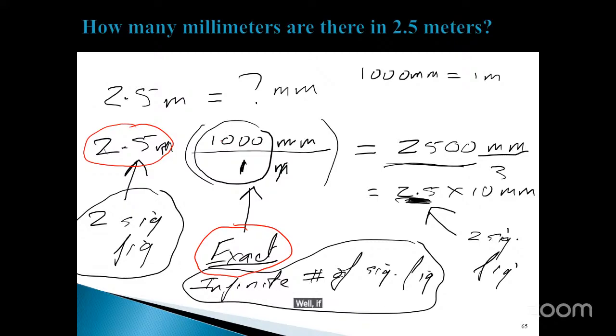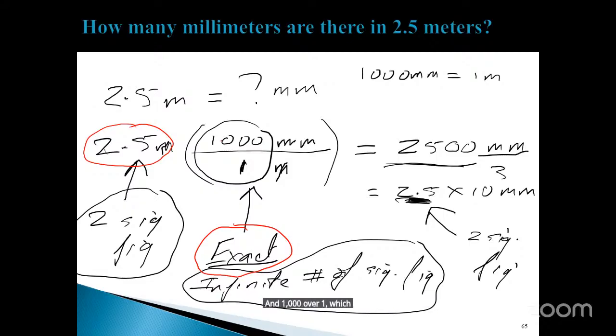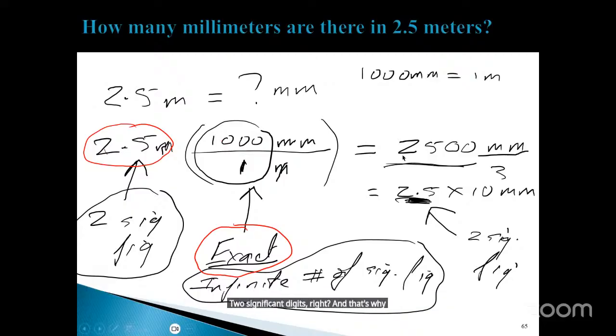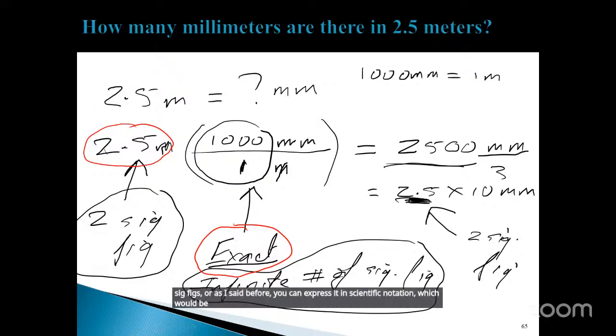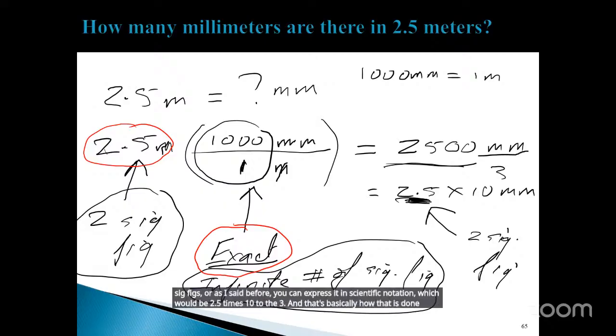Well, if you're multiplying 2.5, which has 2 significant digits, and 1,000 over 1, which has an infinite number of significant digits, that means that your final answer must be rounded off to 2 significant digits, right? And that's why I have 25,000 here. That's 2 sig figs, or as I said before, you can express it in scientific notation, which would be 2.5 times 10 to the 3. And that's basically how that is done, all right?